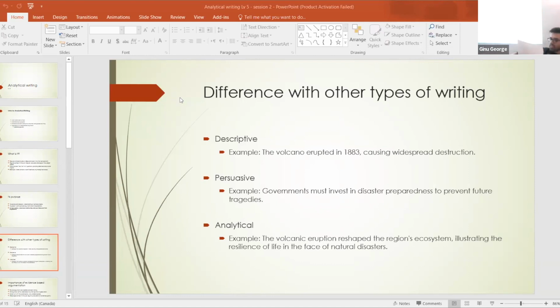In persuasive writing, as Johnson said, you're trying to convince someone of something, trying to get them to accept something, and your focus is not just giving information, but trying to make a case, trying to argue something.